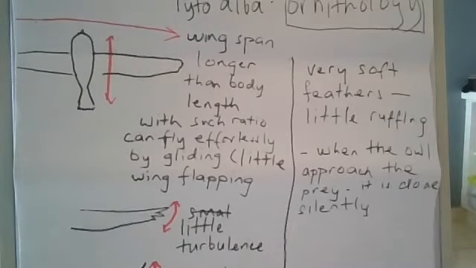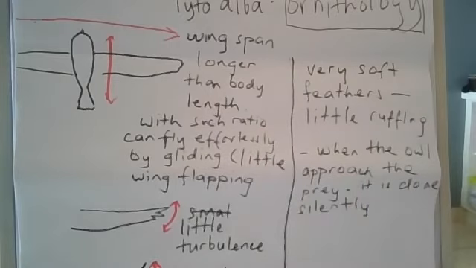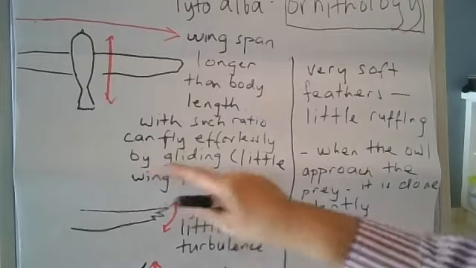In other words, the wingspan is much longer than the body length. So with such a ratio and arrangement of the body plan, the barn owl can fly almost effortlessly, just by a single flap, and then it can glide.